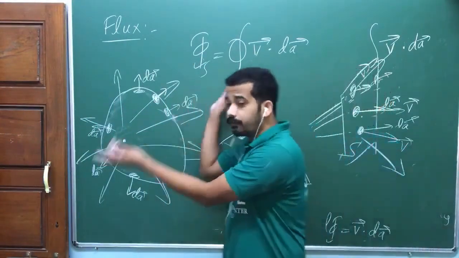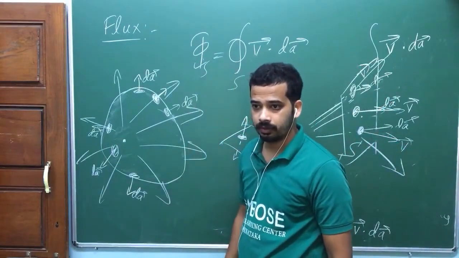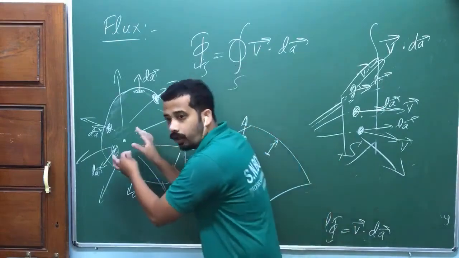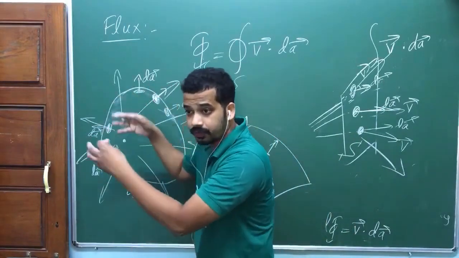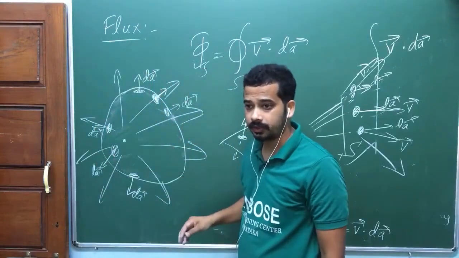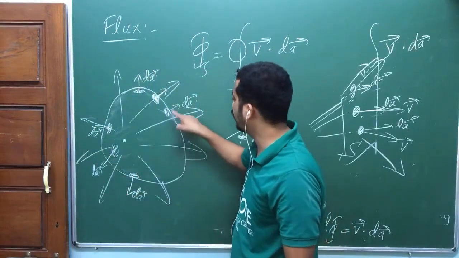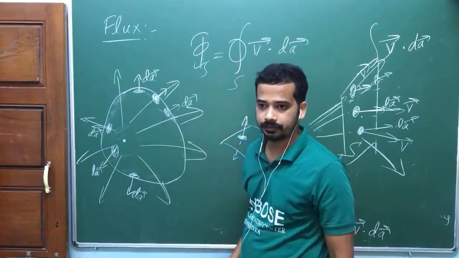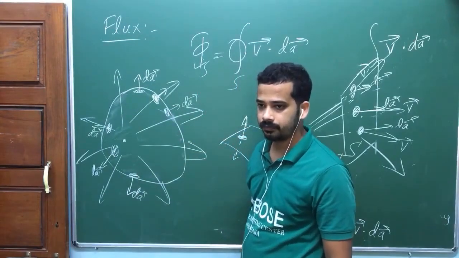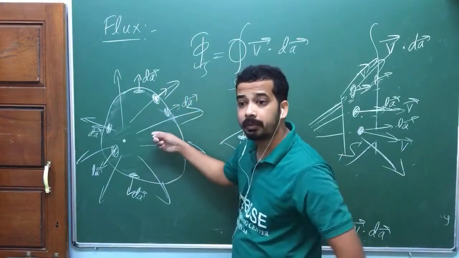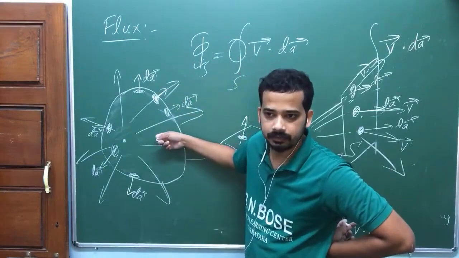To make outward flux positive, what we do is take this area vector outward from the region, because a closed surface area forms a region, isn't it? If you take this area vector in reverse, the outward flux will become negative.